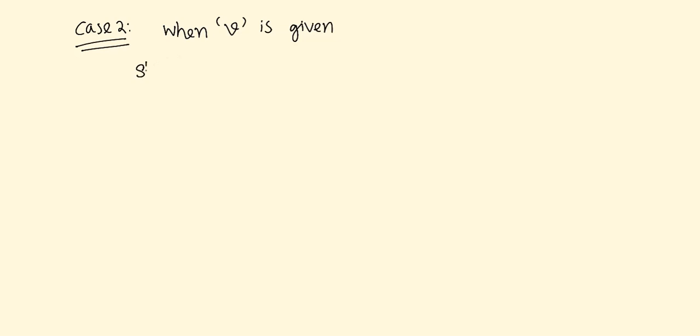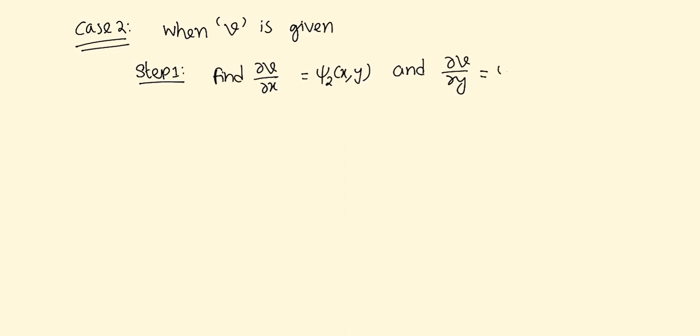Here we will write the steps. Step 1: find del v upon del x, that is psi2 function of xy, and del v upon del y, denote this psi1 function of xy.